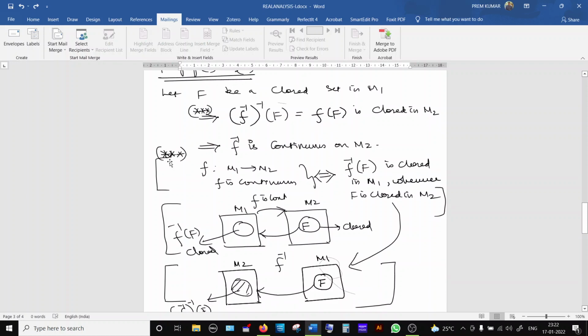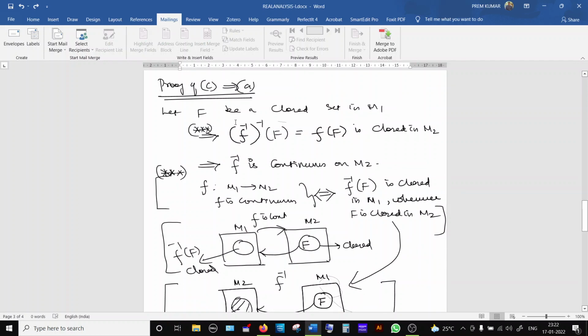This is by this result, this 3 star, no? Because if this condition is true, then f is continuous. Here in place of f, we are going to use f inverse. That is the thing.